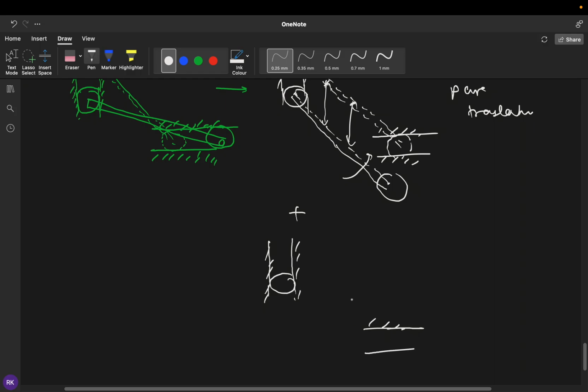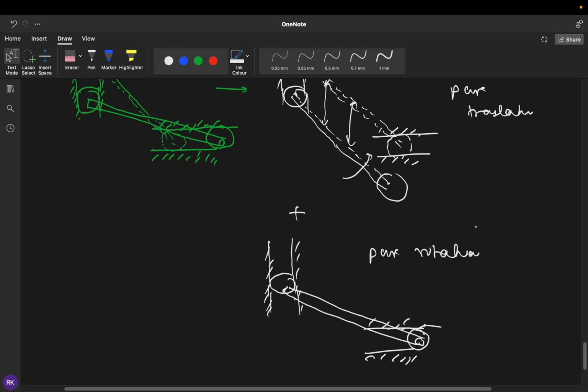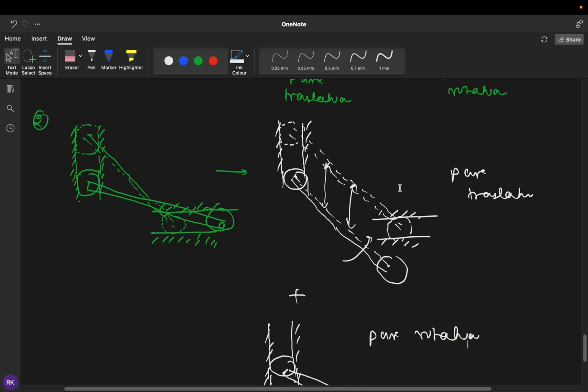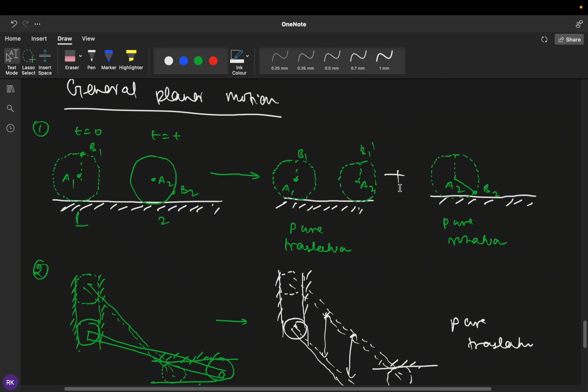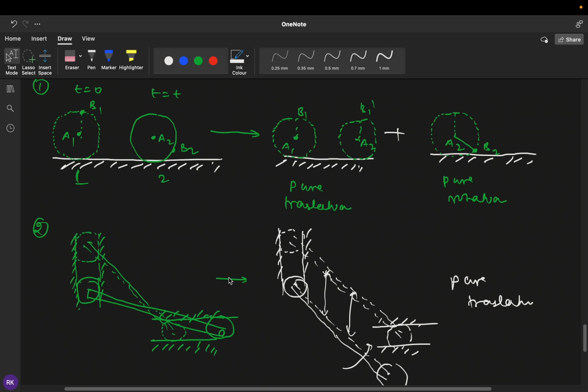So this is pure rotation. Which means that every kind of planar motion can be realized by the summation, or the superposition, of pure translation and pure rotation.